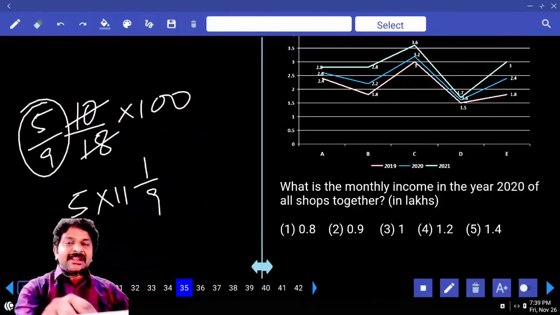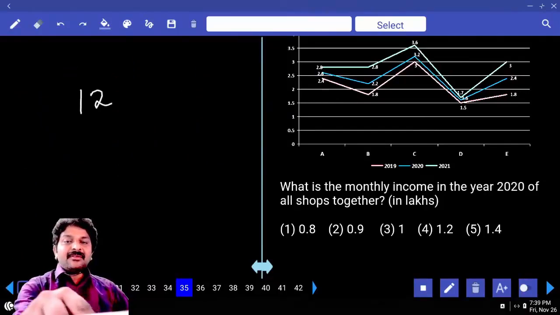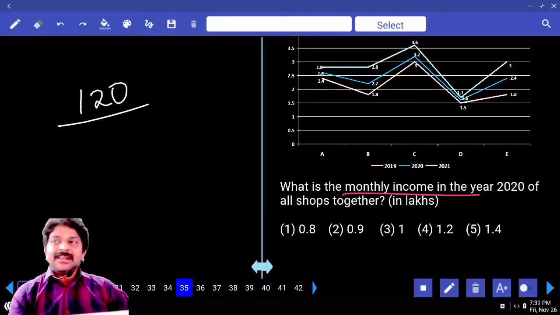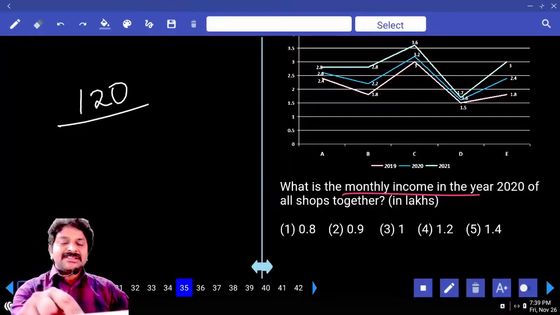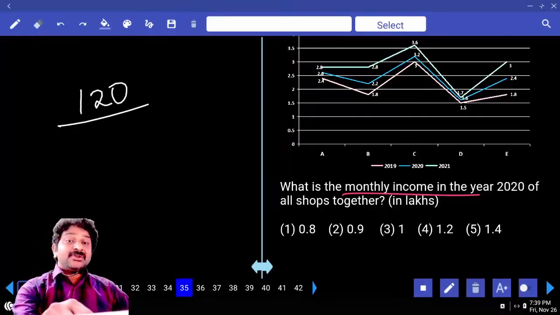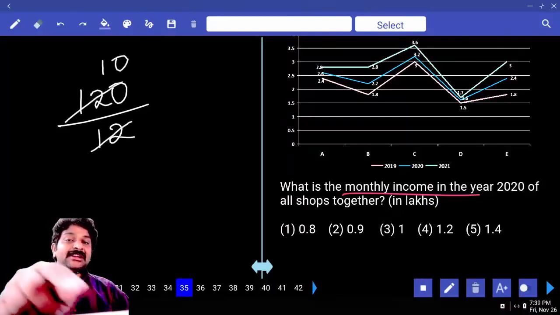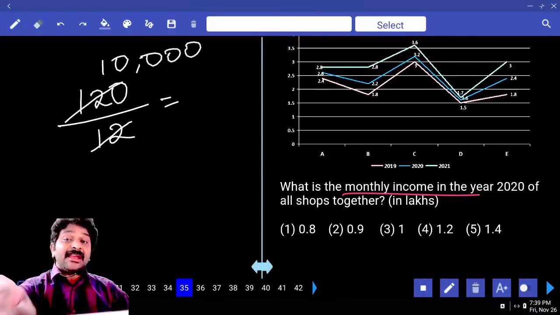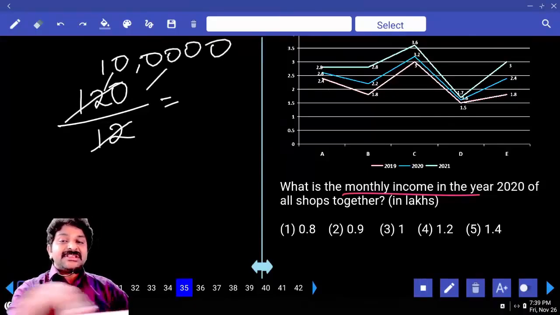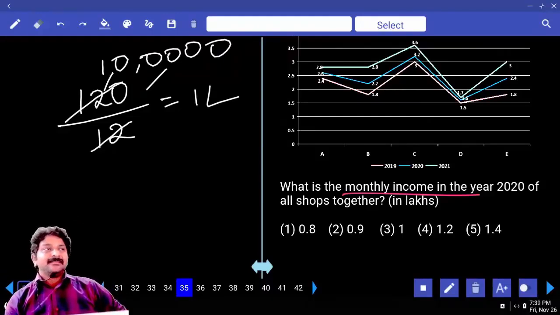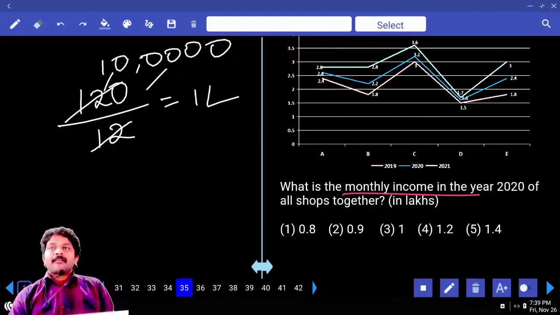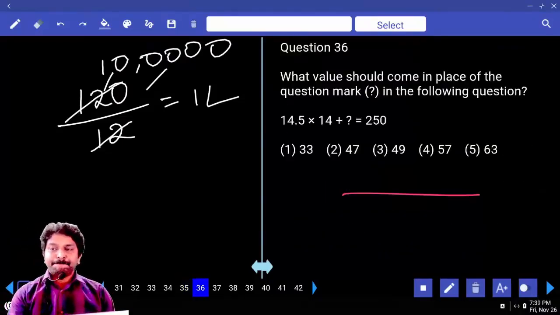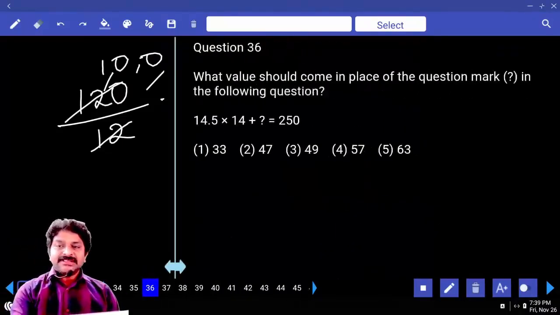And we were asked to calculate monthly income. This is yearly income, right? So monthly income means divide by 12, which is equal to 10. 10 in the sense, after this we need to write 4 zeros, which is equal to 1 lakh. Is this clear? Come on, 36 onwards.